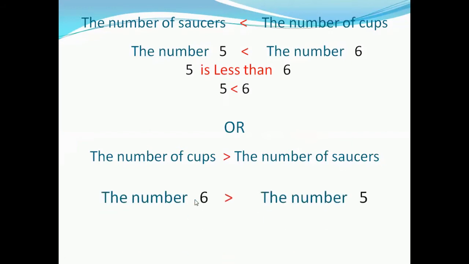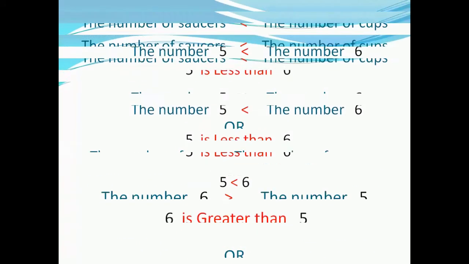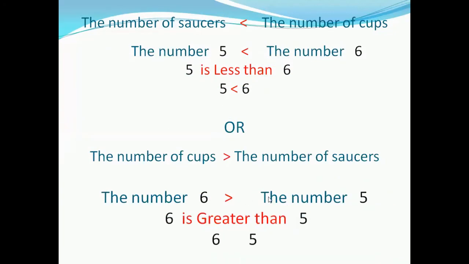The number 6, as you know, represents the number of cups, greater than the number 5, which represents the number of saucers. So 6 is greater than 5. In mathematics we write it like this: 6 greater than 5.